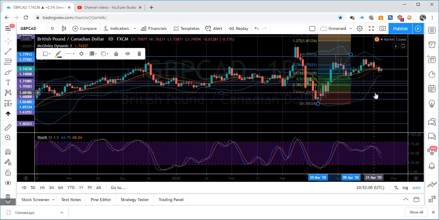So price would most likely get into the 1.6830 area for a Gartley, or could even go lower.